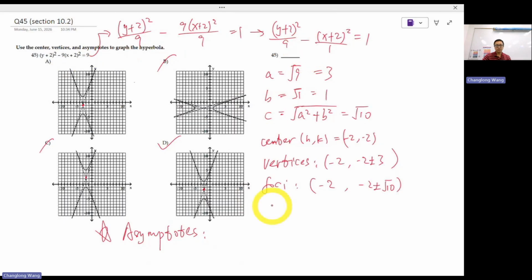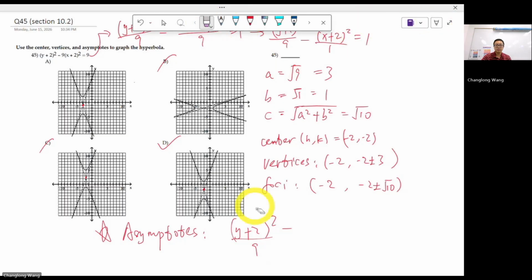So let's say, just to be consistent with what I did in class, I'm going to grab that standard form, (y plus 2) squared over 9 minus (x plus 2) squared equals 1, right?